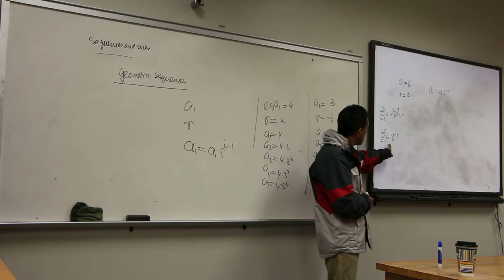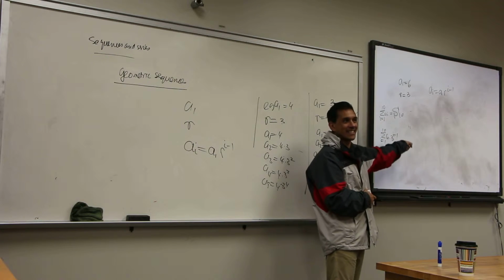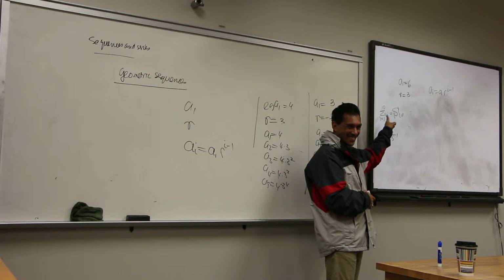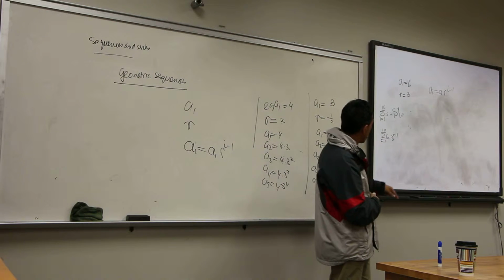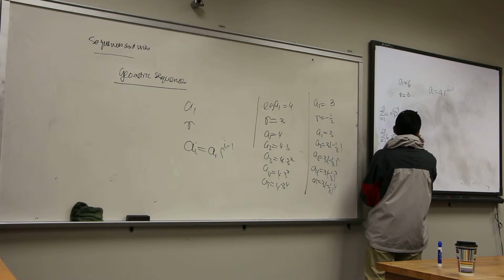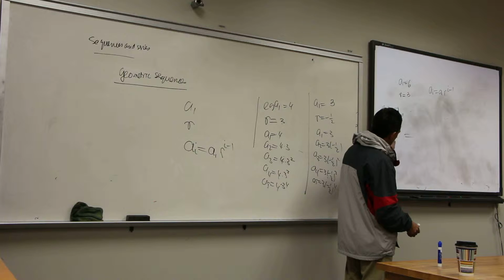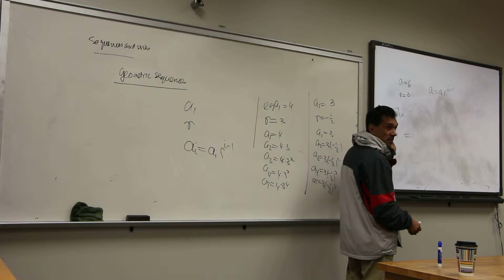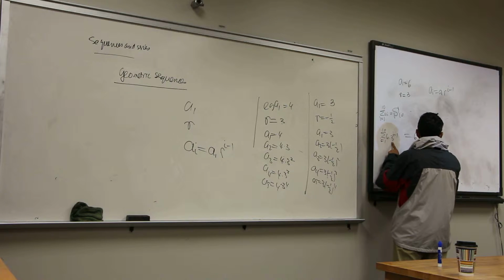Who's lost here? Now, if you have no idea what this is, then you just do what it says. When I is equal to 1, this is 6 times 1. I is now equal to 2.